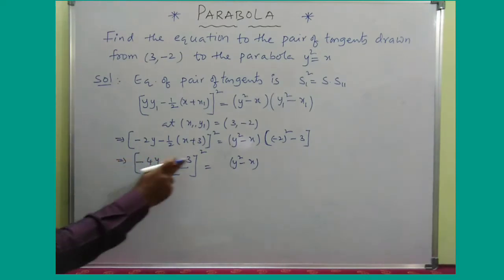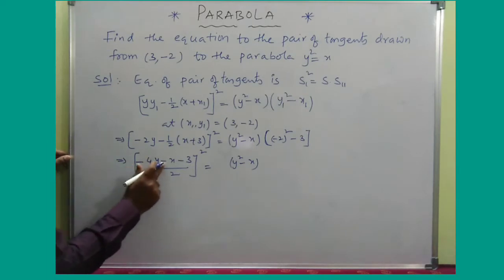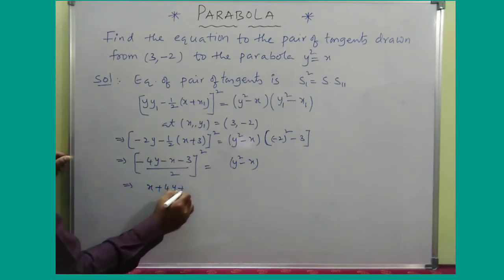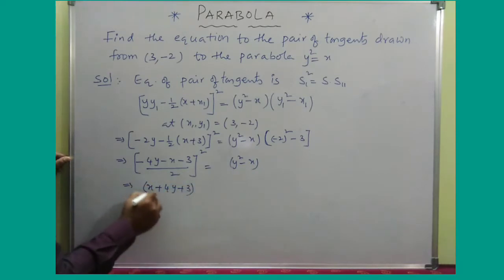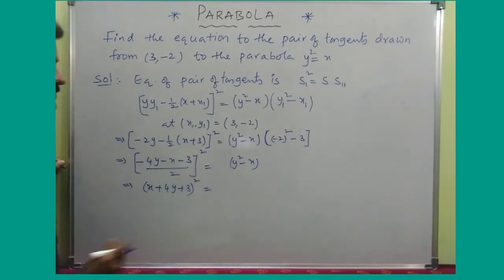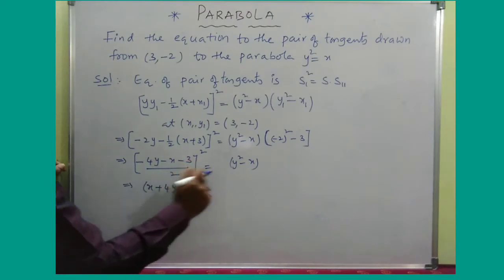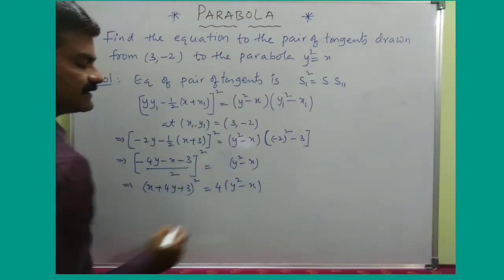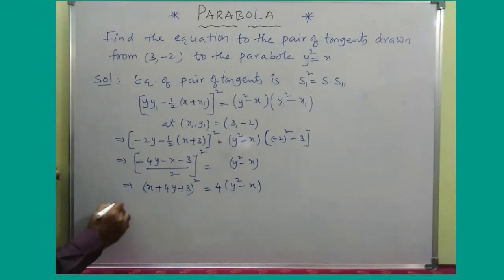So fine, these things are anyhow all negative terms, no? So you can take minus common and write in order (x plus 4y plus 3) entirely whole square, which is equal to, 2 square is 4, and go for cross multiplication, 4 into (y square minus x). Now this is in the form of (a plus b plus c) whole square.